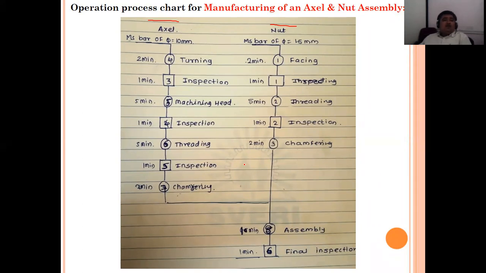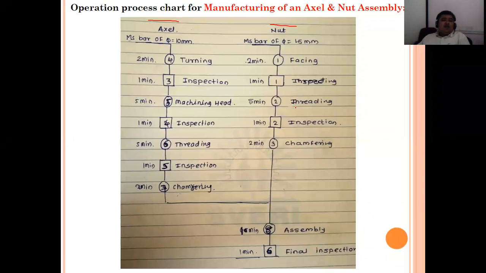Okay, so here again I am going to provide you the numbers. What is the first operation? First operation may be facing. When facing inspection is carried out, in the box I will write 1.